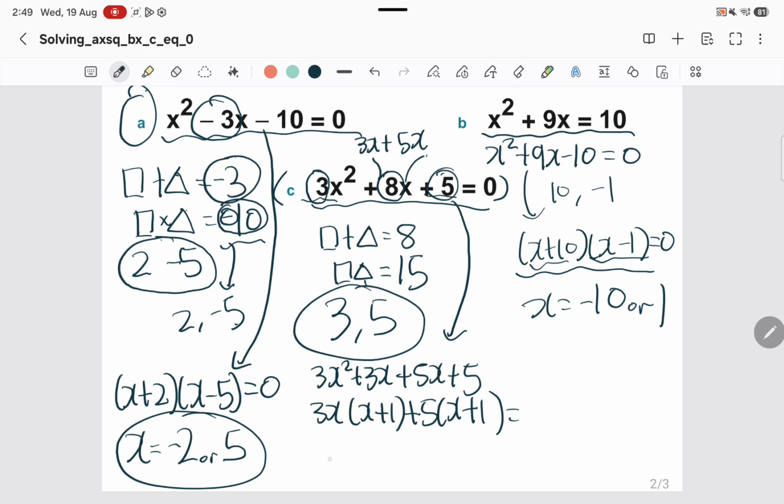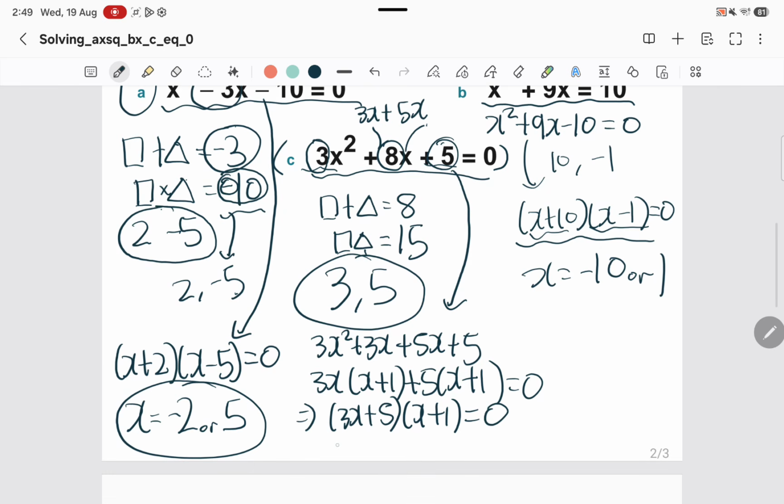That's how you get 3x plus 5 and x plus 1 equals 0. Still using the null factor law, this is 0 or this is 0, so x equals negative 5 over 3 or negative 1.